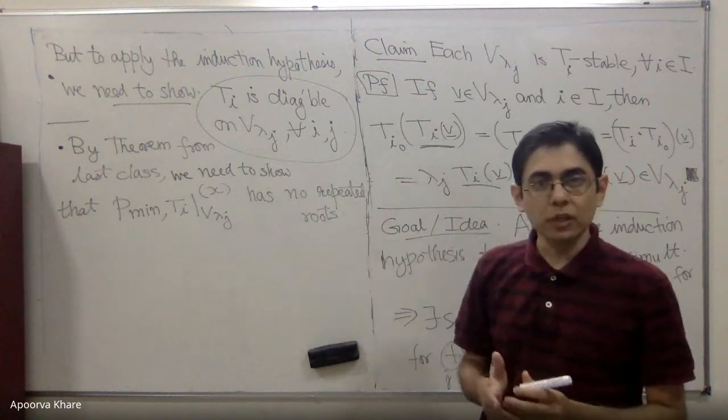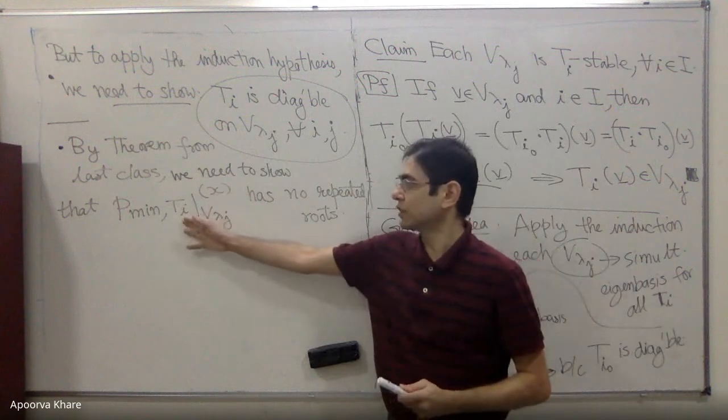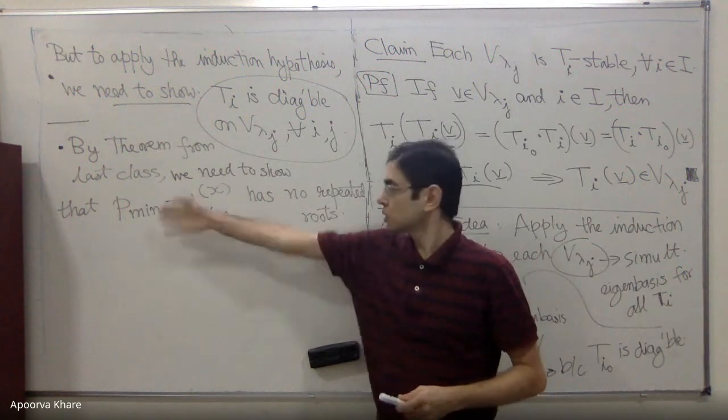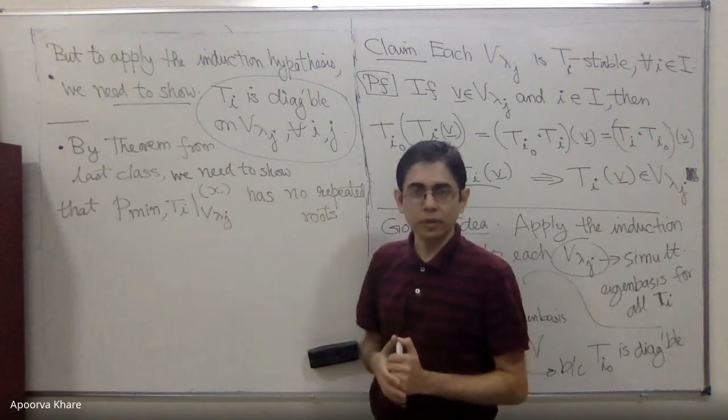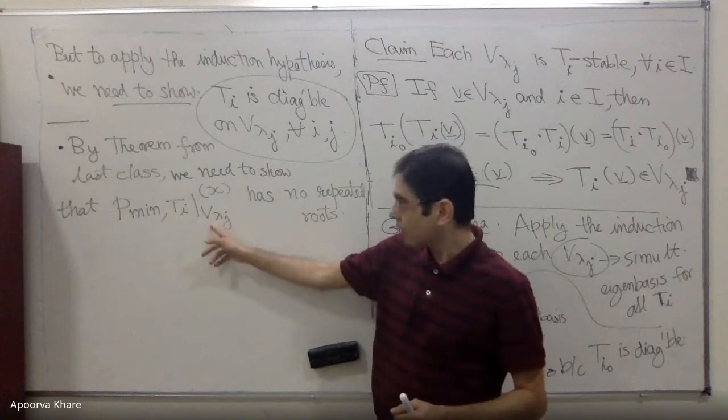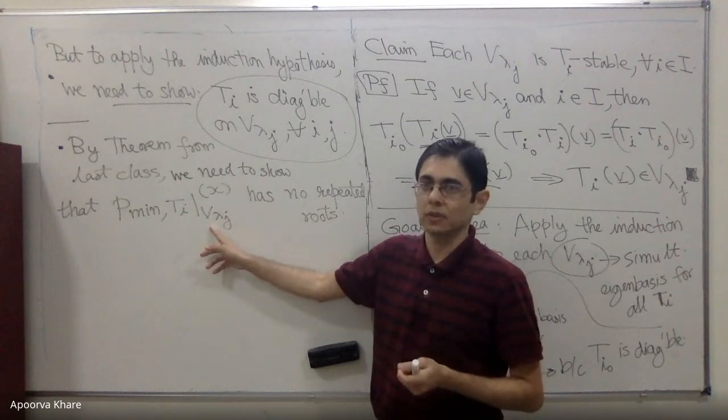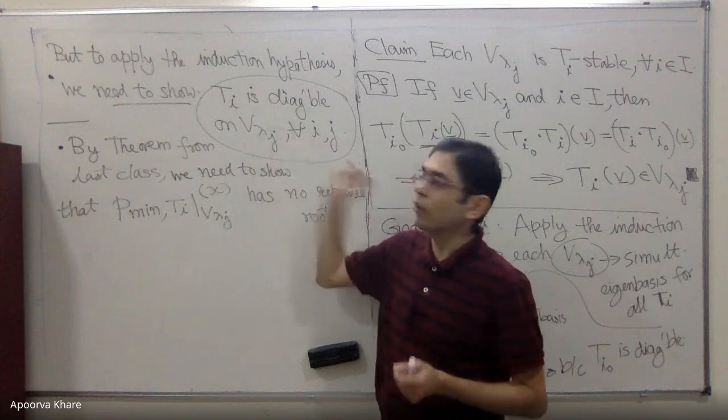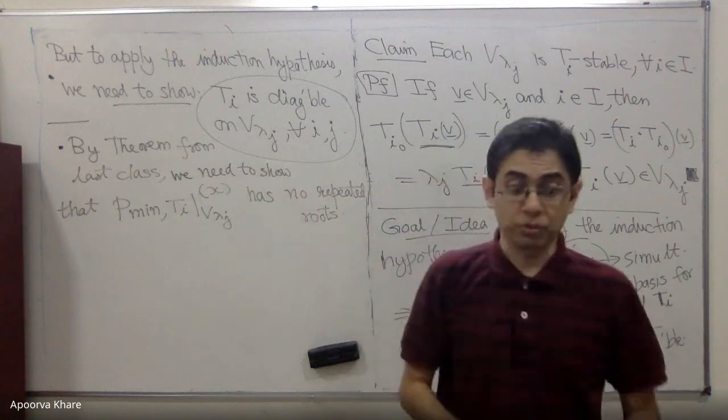That was because the theorem said that if you have any linear transformation acting on a vector space whose minimal polynomial has no repeated roots, then that transformation on that vector space is diagonalizable. And that's exactly what we want. So that's what we need to prove.